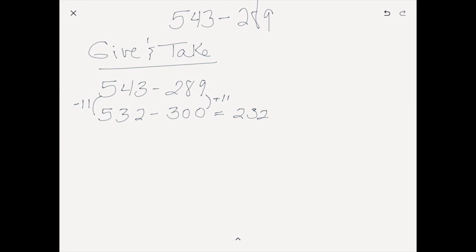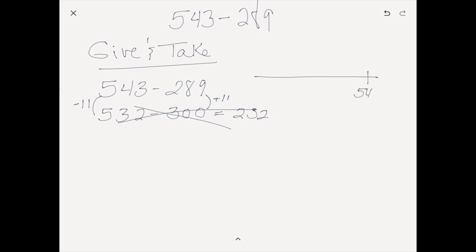What you're really trying to figure out in subtraction is the difference between the subtrahend and the minuend, between the two numbers. That's the simple way to say it. So the idea is, if we plot these on a number line, we're really looking at how far is it from 289 to 543.